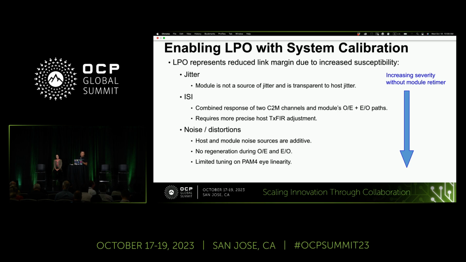For ISI, previously, the optics DSP in the module would take care of the different spans. However, right now, without the retimer or DSP in the module, the host SerDes needs to take care of the whole link, which is 2 C2M links and also the module O2E and E2O links. This requires more precise host TXFIR adjustment.